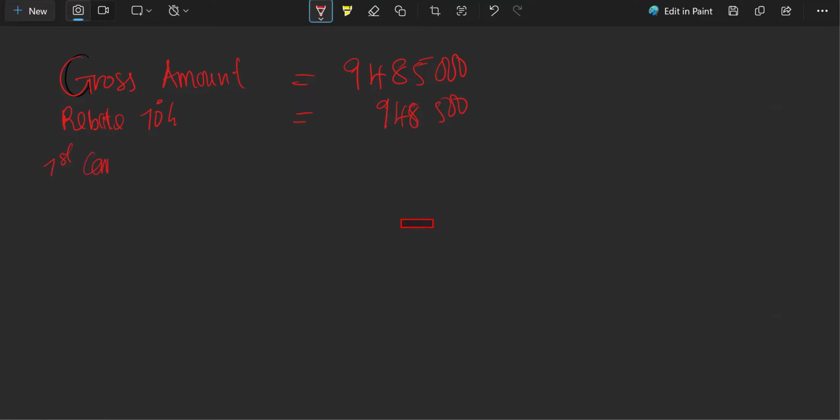Okay, and then we have a first commission. As we know, we are going to subtract. So when we subtract, it's going to give us 8,536,500. Okay. So after the first commission rate, we're going to go to our trade discount.